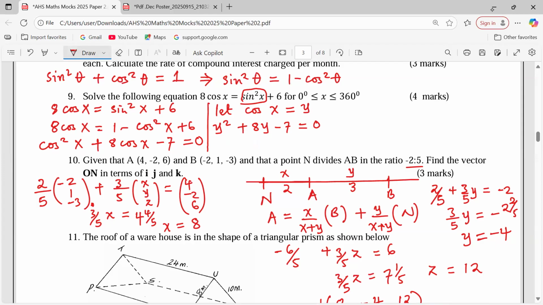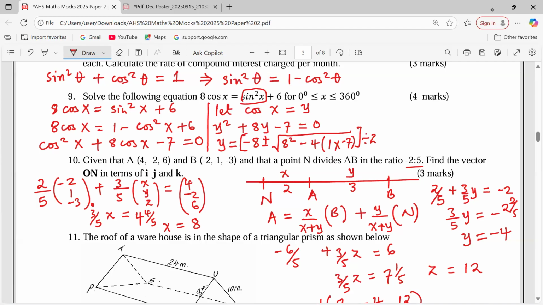So we can change to the quadratic formula, whereby the value of y will be given by negative 8 plus or minus the square root of 8 squared minus 4 multiplied by ac, 1 times negative 7. Then we divide everything by 2.